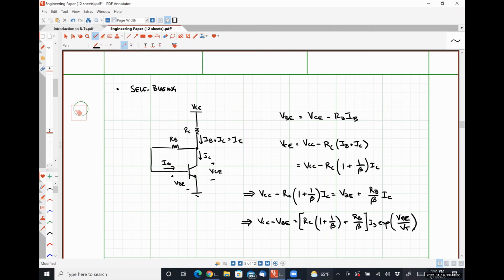And once we know VBE, obviously IC is just IS EXP of VBE over VT. And then IB is 1 over beta times IC, and IE is (beta plus 1) IB.